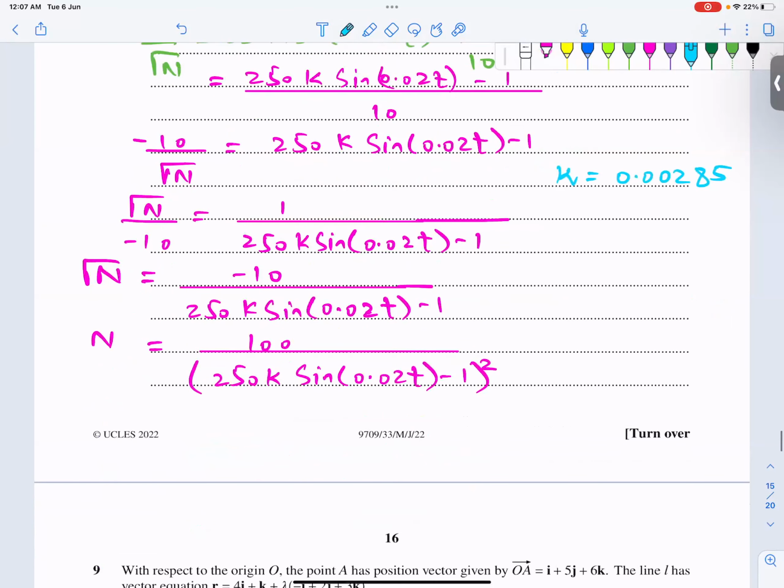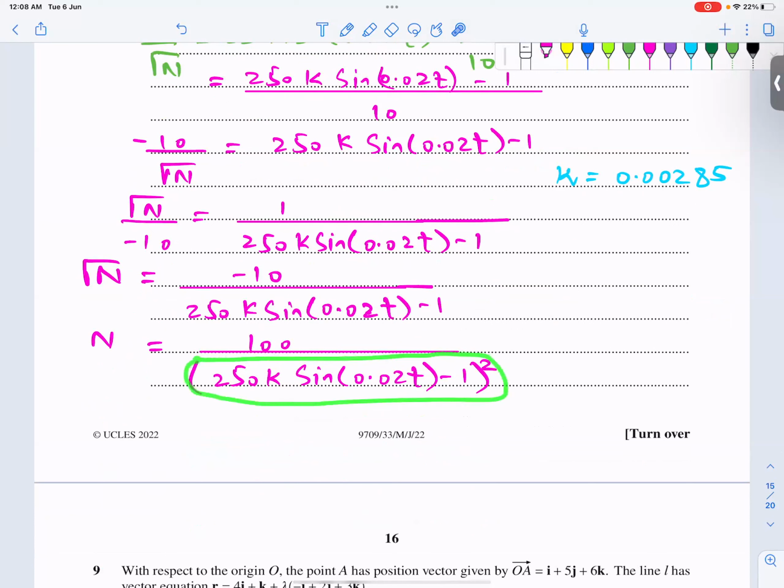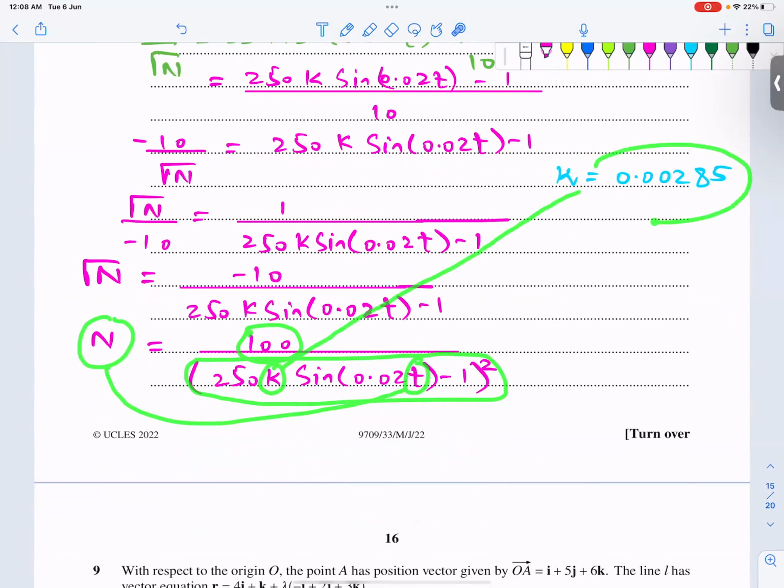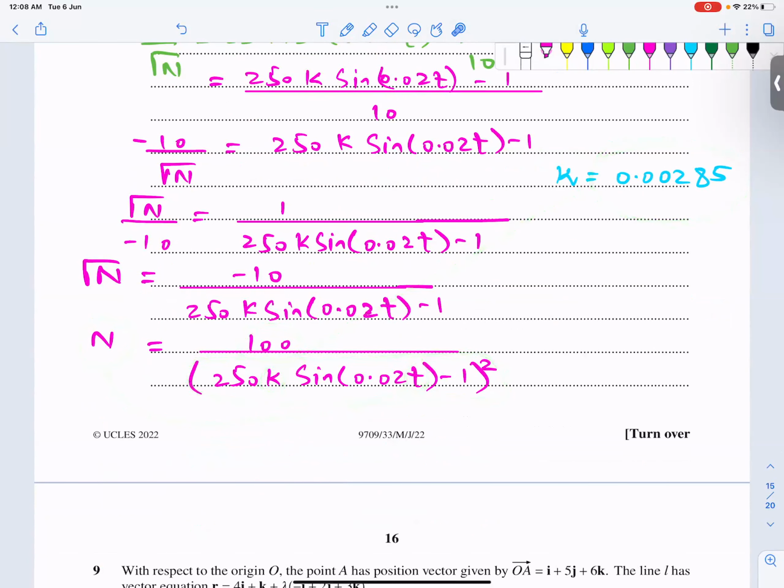Now, this part needs some attention. You can see that n is depending only on the denominator, because in the numerator here we have 100. So all the dependence of n is on t, because the value of k is constant, it is 0.00285. Okay.